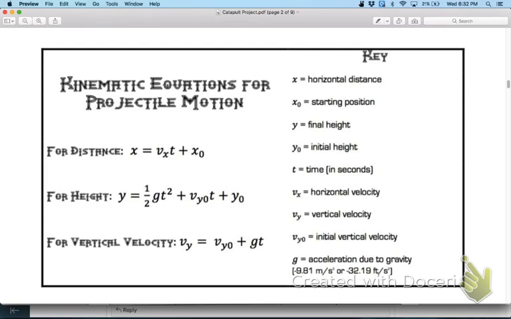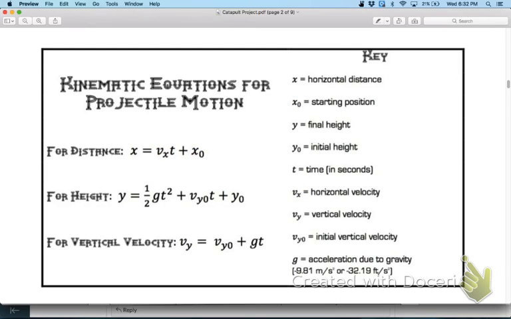Remember, anytime you see that sub-zero, that's always talking about an initial condition. And again, these terms are all defined over here. So Vx is our horizontal velocity, and x sub 0 is our initial starting position.